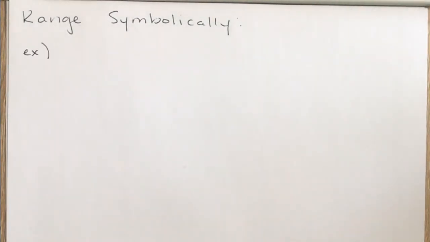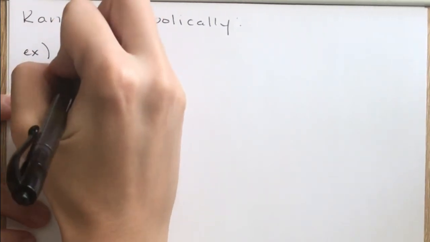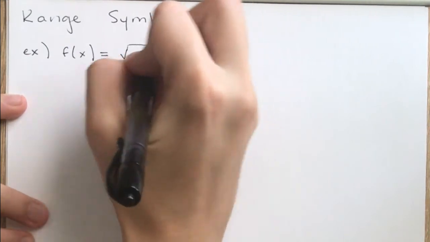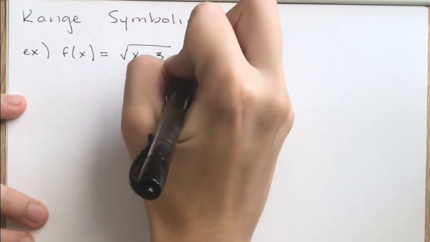You're not going to run into something really wild or out there. You're going to be asked about problems where you simply have to look at the transformations that are going on with a basic function. So, for example, let's say you were given f of x equals the square root of x minus 3 plus 2.